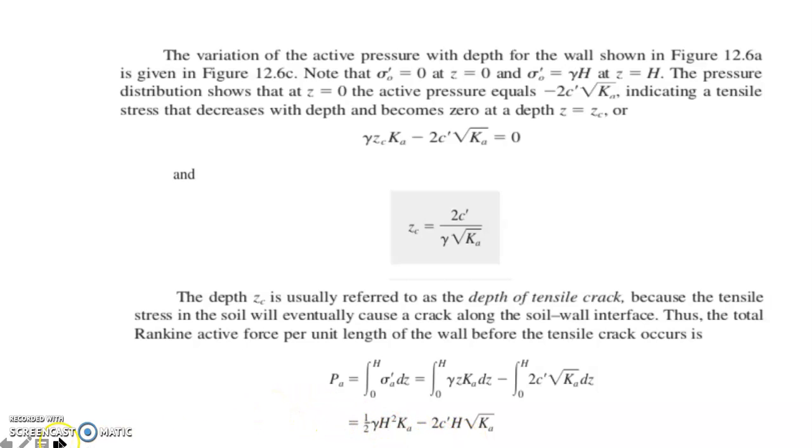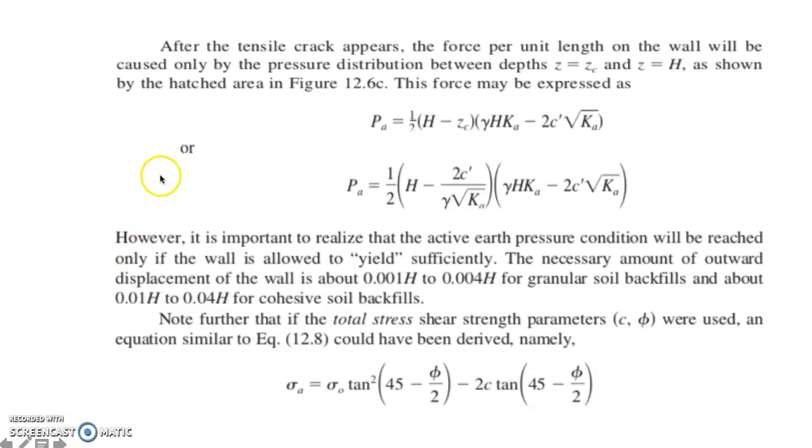So after the tensile crack, the force per unit length on the wall will be caused only by the pressure distribution between the depth Z equal to Z sub C and Z equal to H. So the Rankine active force after the tensile crack is equal to this equation.